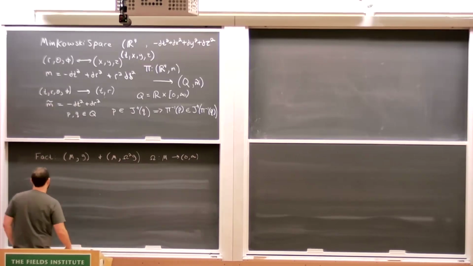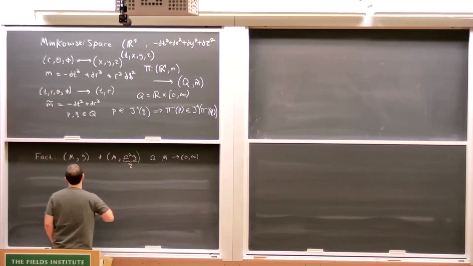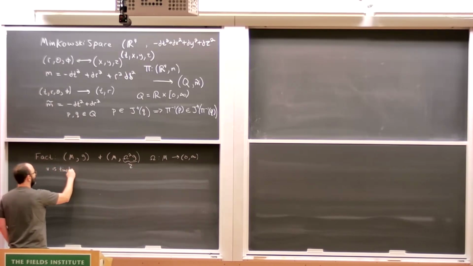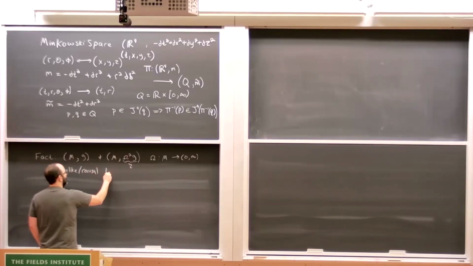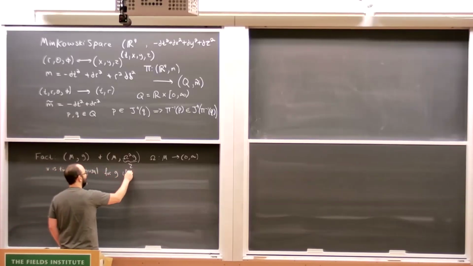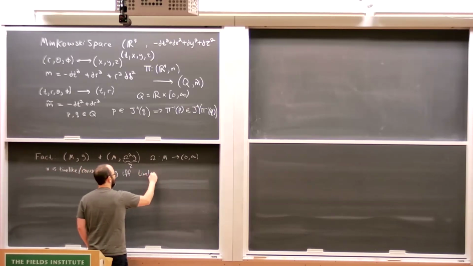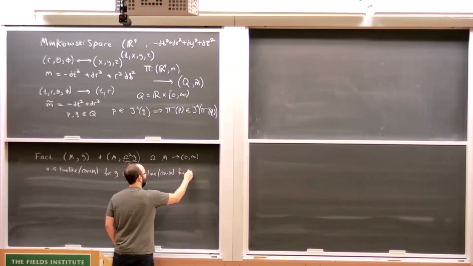The analog here is that, if we call this eta, then V is time-like or causal for g if and only if it is time-like or causal for the conformally related metric.